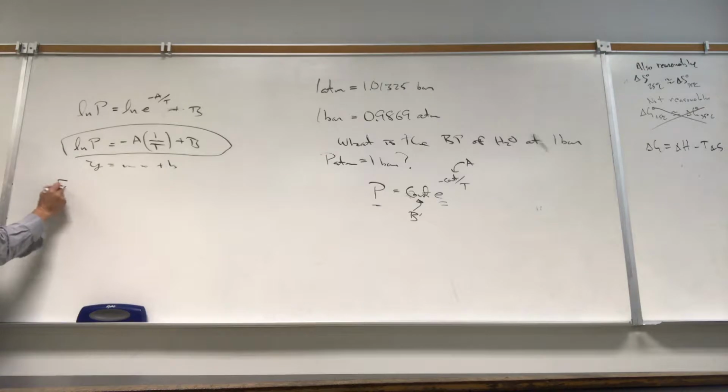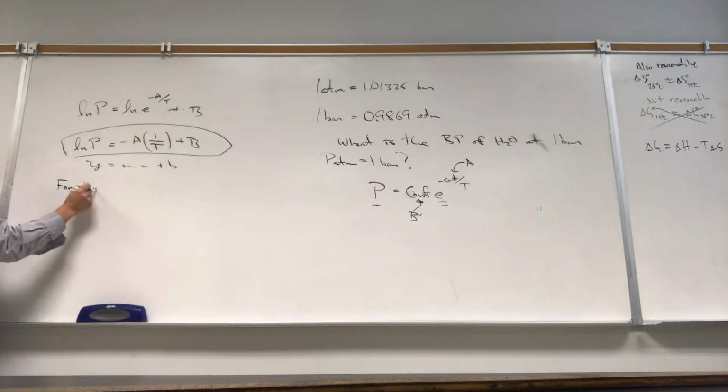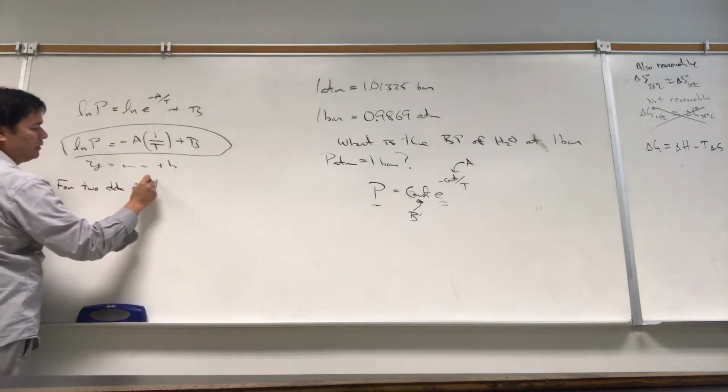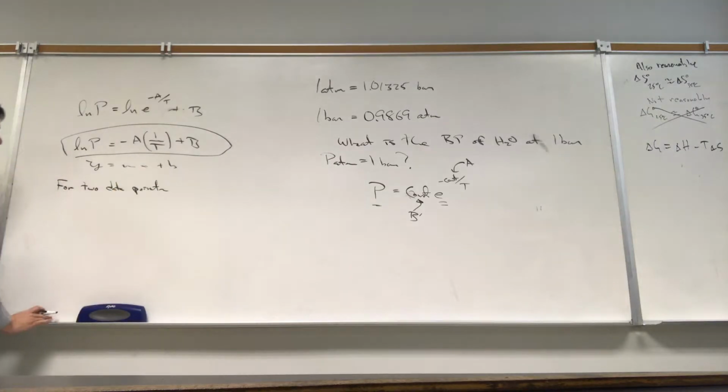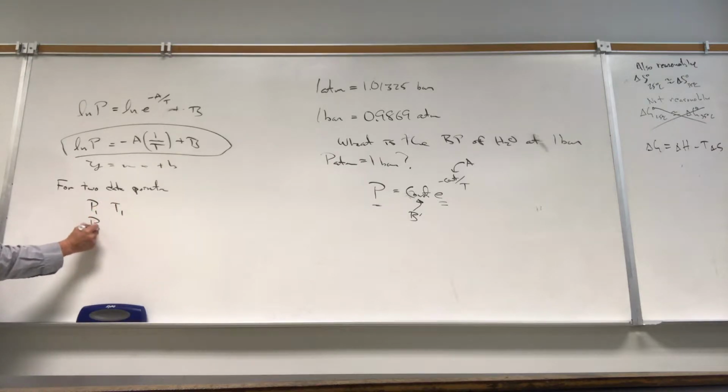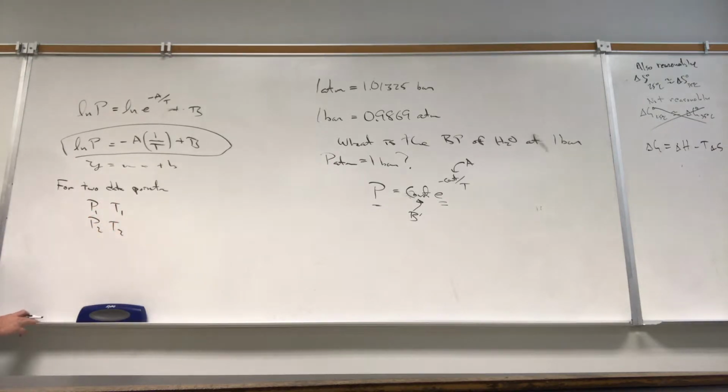But for 2 data points, if we have the constants already figured out, we can come up with this other equation. The 2 data points would be P1 at T1 and P2 at T2.